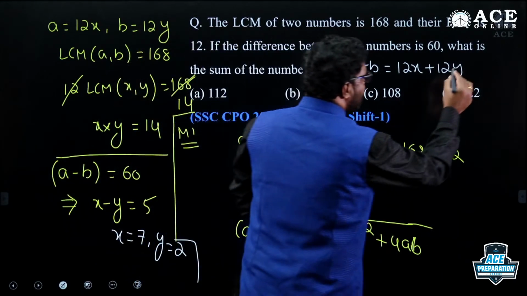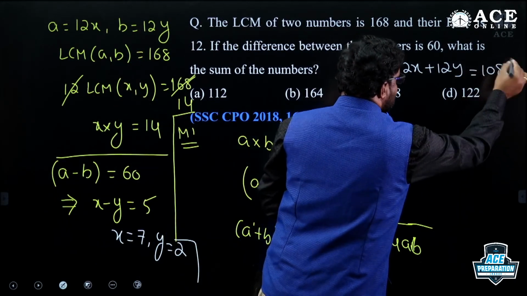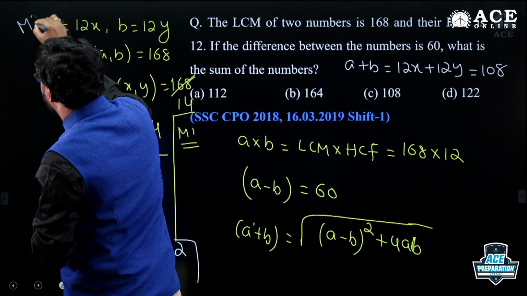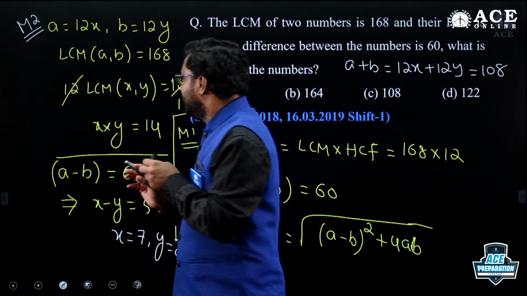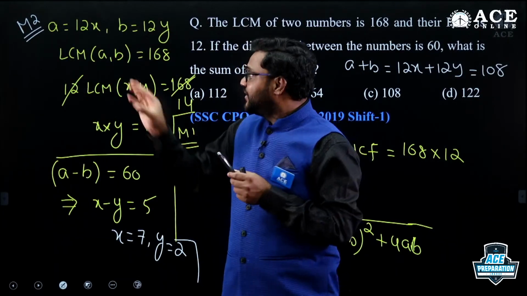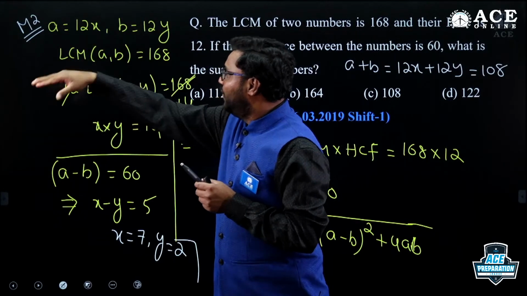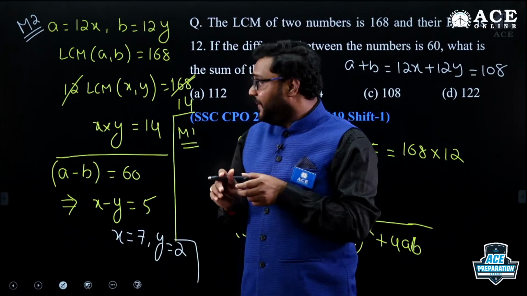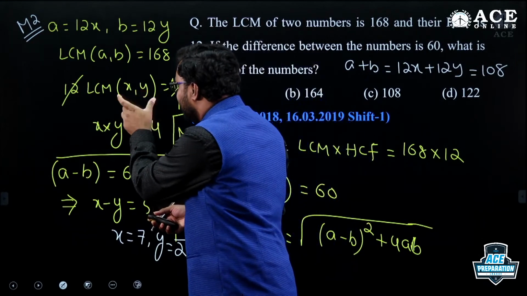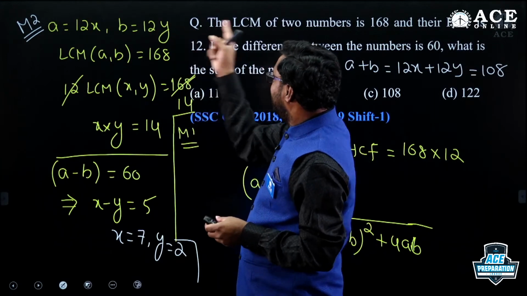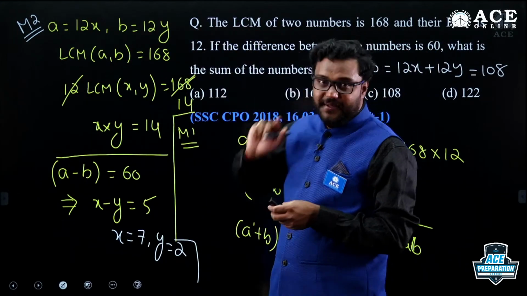This is an easy method compared to the first one. But method 2, if you want to understand, focus here, my dear friends. LCM for A and B is 168; as 12 is common, I'm putting the 12 out. Then we should do the LCM of x and y, and for x and y, HCF must and should be 1. Otherwise, this 12 will not be satisfied.